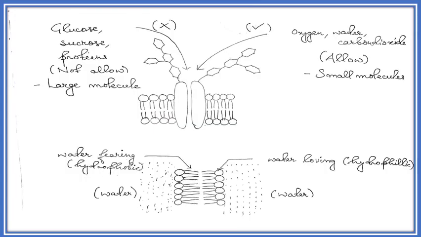Here is the structure of a pore in the cell membrane. We have discussed that this one is a protein molecule and these chain-like structures are polysaccharide chains made up of many chains of monosaccharides. The main property of the pore of the cell membrane is that it is semi-permeable in nature, and hence it is also called partially permeable.